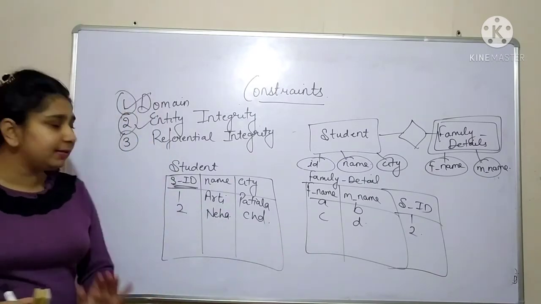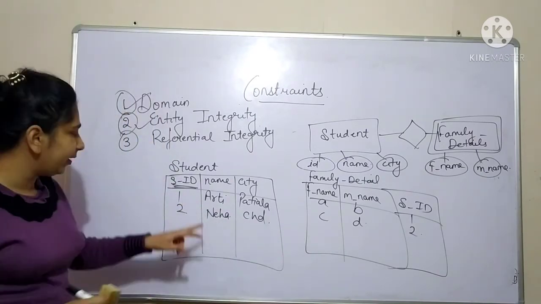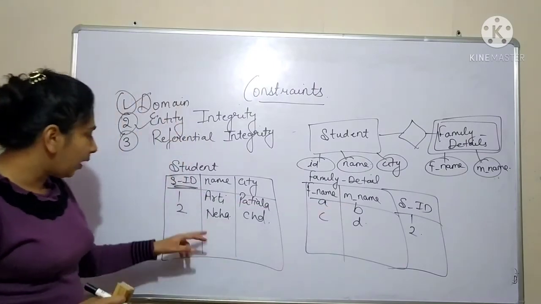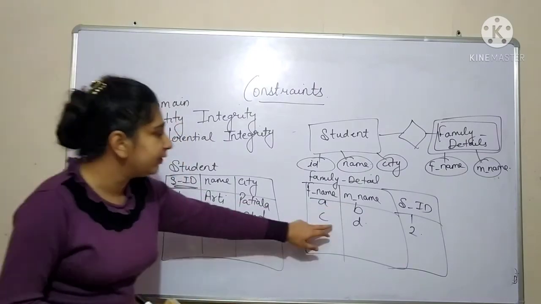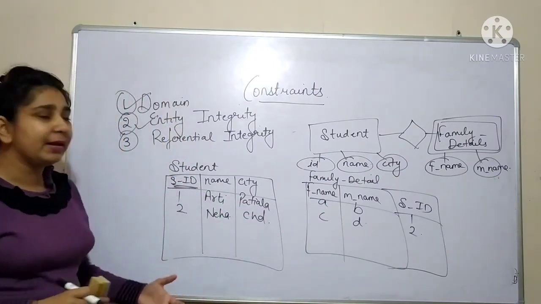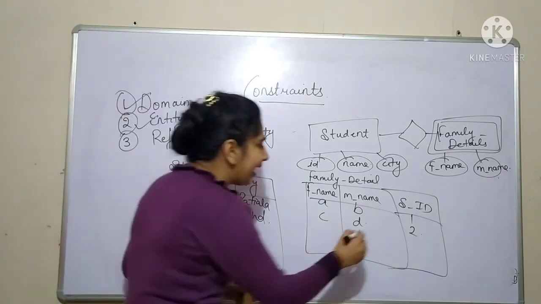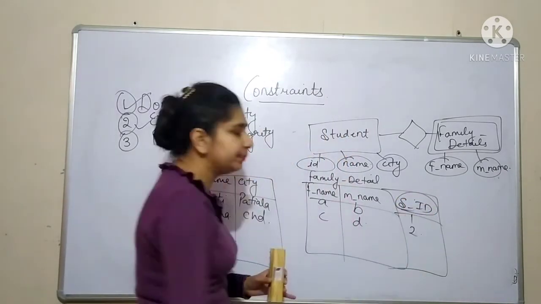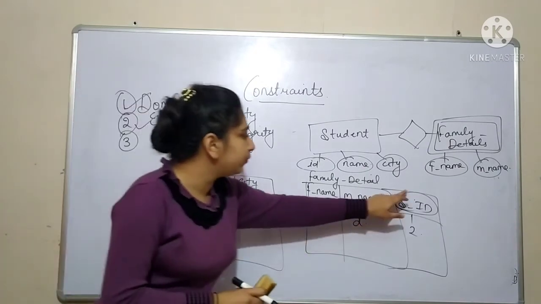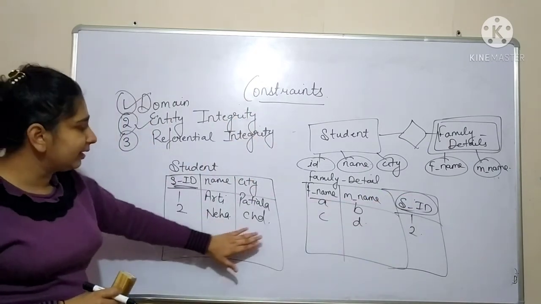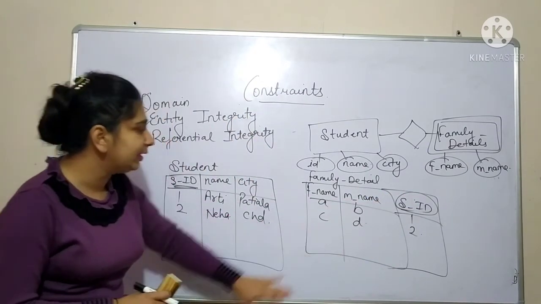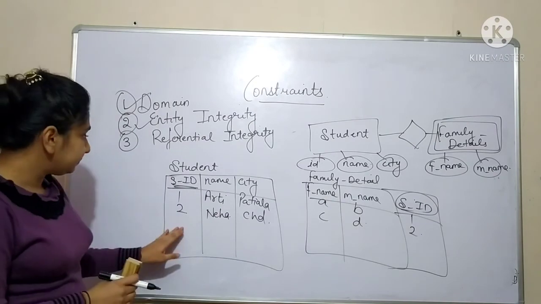We can easily determine the mother name and father name of Aarti, and the mother name and father name of Neha. How are we able to determine that? With the help of this common attribute, we can determine the relationship between these two tables.